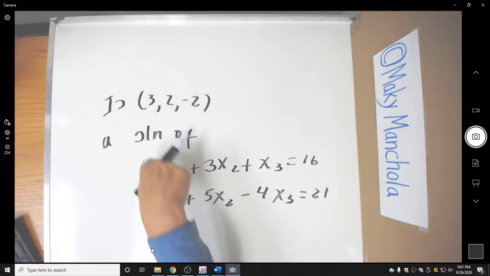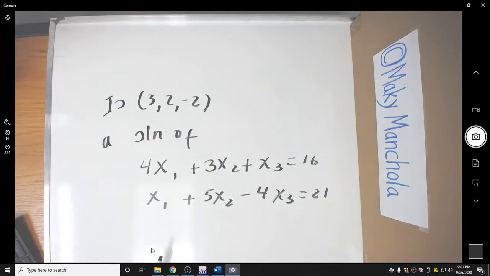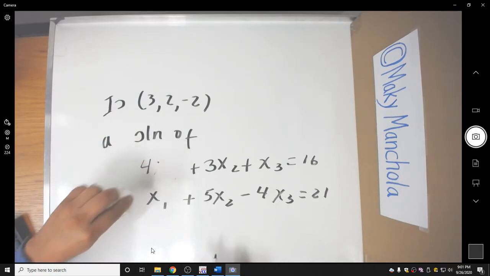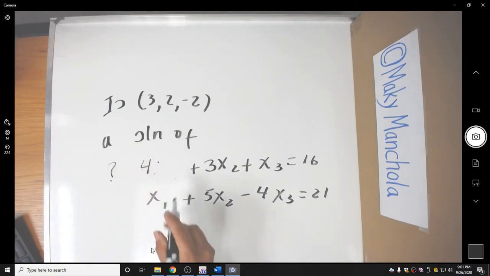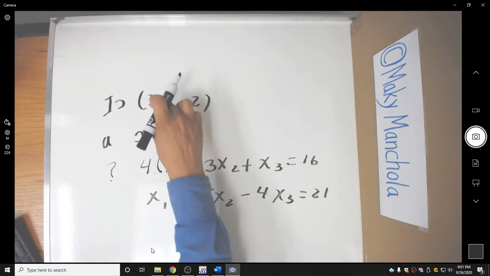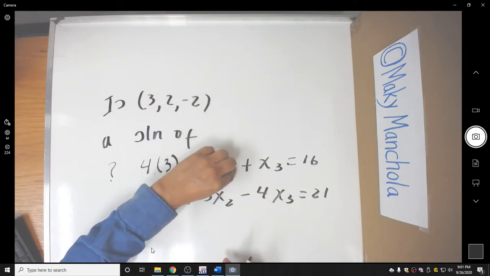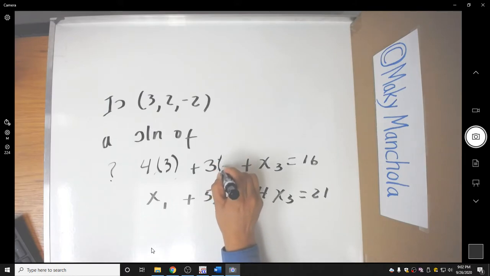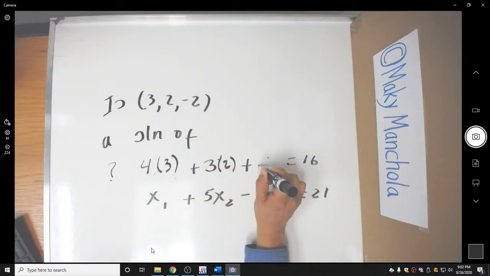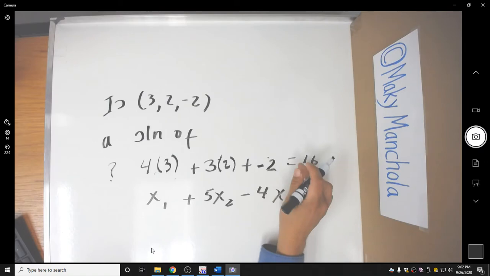Now we're plugging in each of these values into each of these equations. Let's try to be efficient here. Is it the case that 4 times 3 plus 3 times 2 plus negative 2 equals 16?